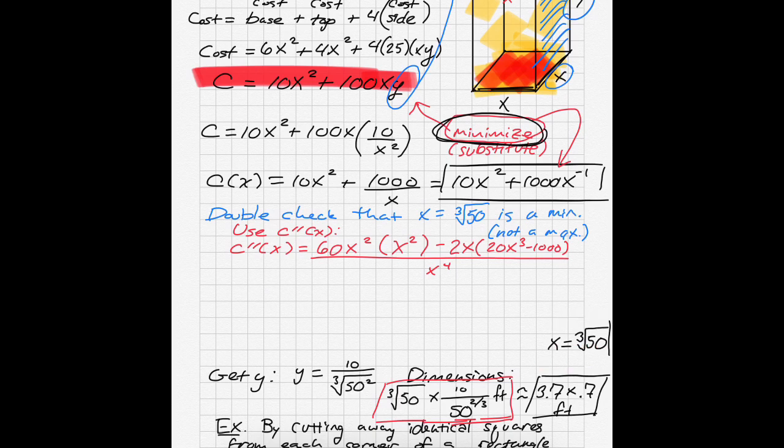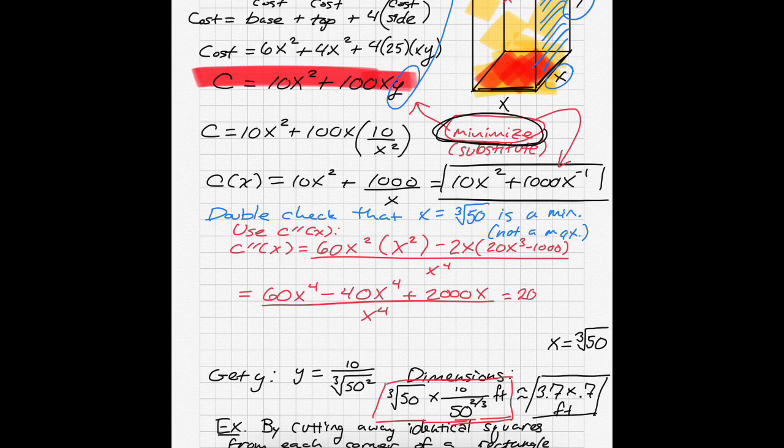So let me clean some more of this up then. And so here's my x value, right? My cube root of 50. So let me just go back and see if I can simplify this second derivative at all. 60x to the fourth minus 40x to the fourth plus 2000x over x to the fourth. Okay, so I have some like terms.